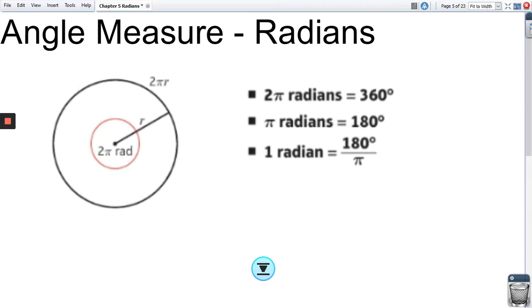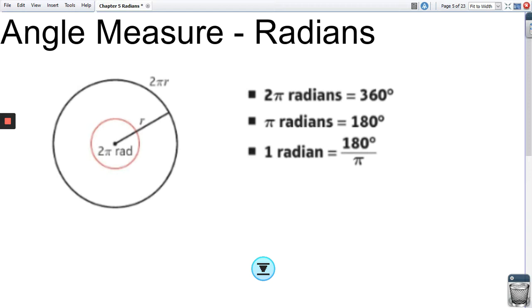So there are pi radians in 180 degrees. Or you can even look at it as 1 radian, the angle that it turns through, which is the radius distance around the circumference. 1 radian is equivalent to 180 over pi.